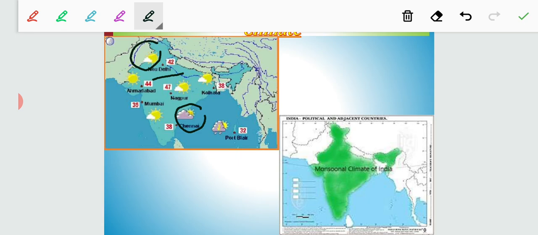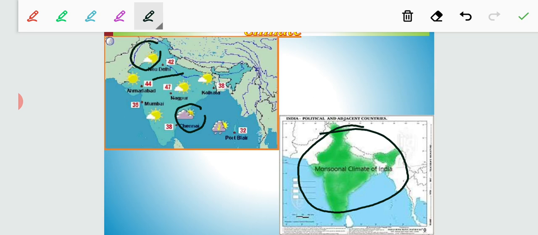But here in the second map, it is written with one color. It is written monsoonal climate of India. So what does this indicate? Here we can see that within one country, somewhere it is cloudy, somewhere it is sunny, somewhere the temperature is 32, somewhere it is 42, somewhere it is 20.